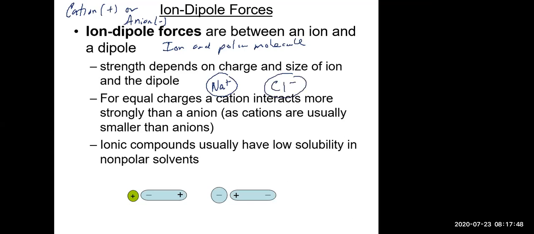And in the presence of water, they each get surrounded by water. The oxygen side of water will surround the positive ion. The positive side of water, which is the hydrogen, will surround the negative ion.